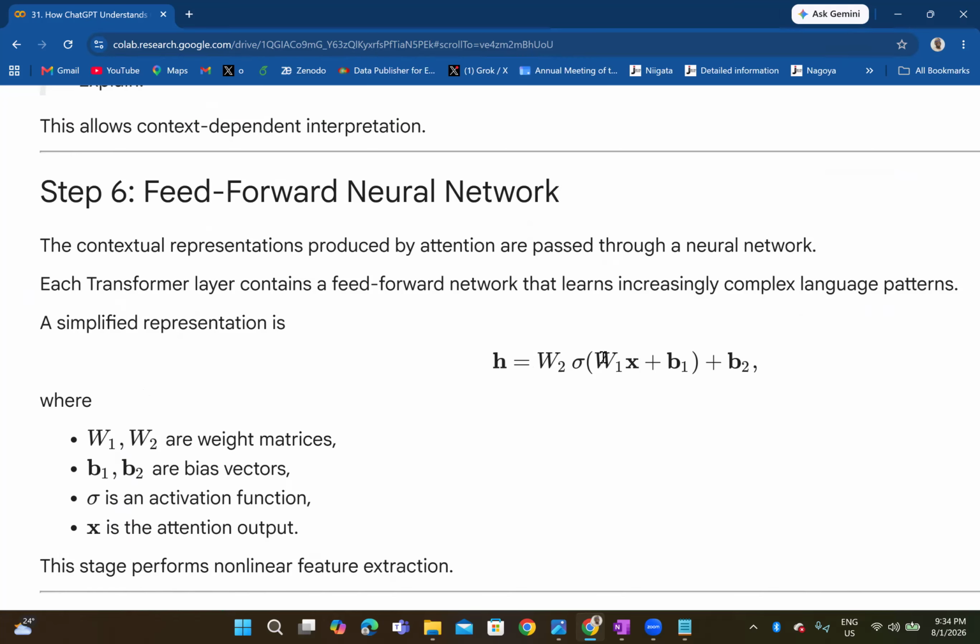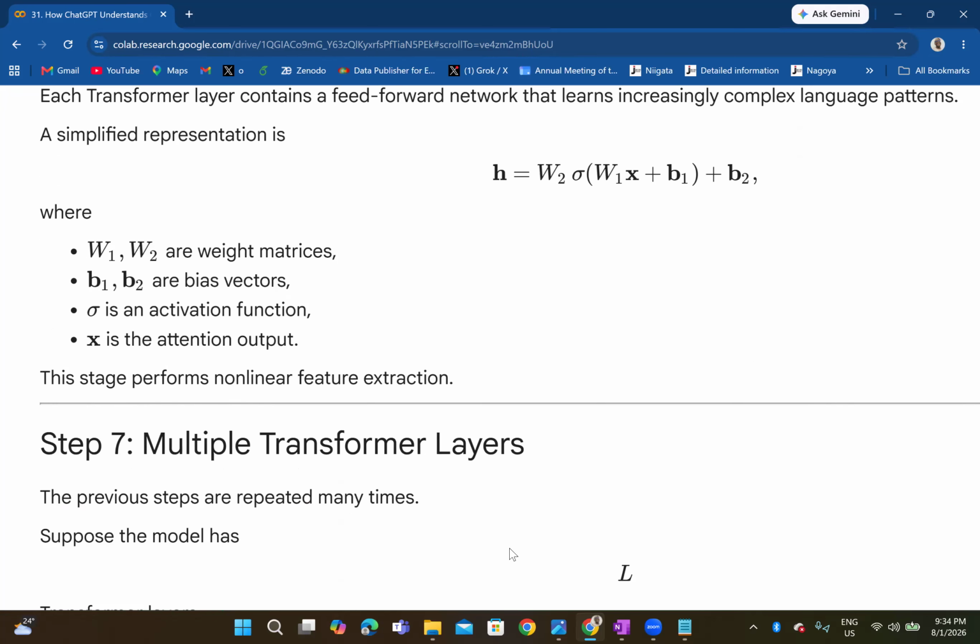You have the weights multiplied by inputs with the bias added, put into an activation function, and that forms a new input, which is multiplied by a new weight and a new bias is added. So W1 and W2 are weight matrices, B1 and B2 are bias vectors, sigma is an activation function, X is the attention output, and this stage performs nonlinear feature extraction.